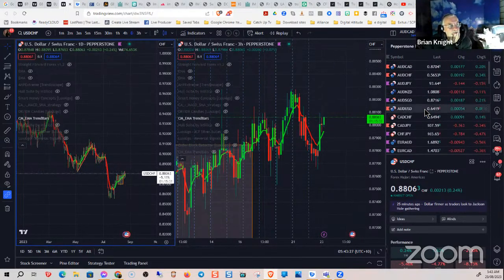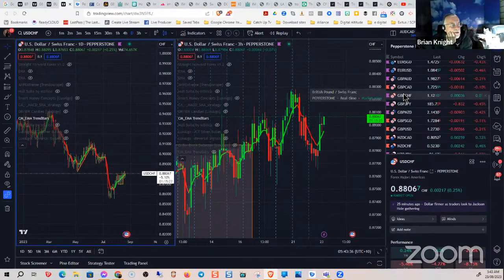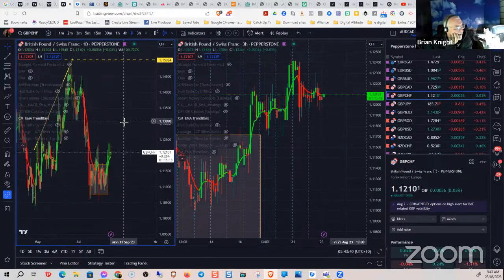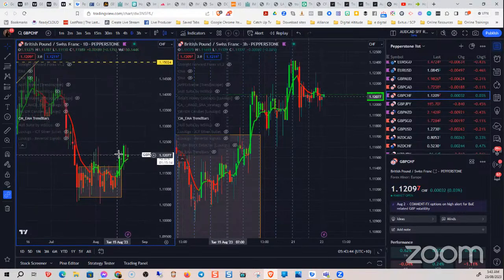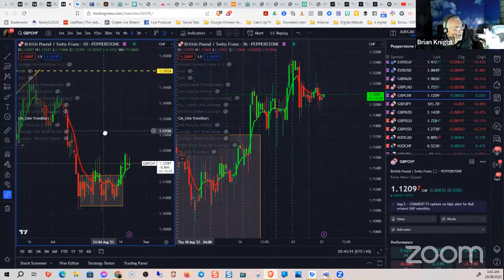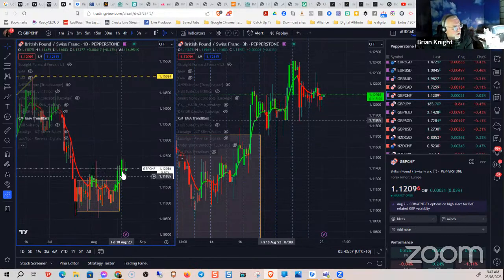Okay. I'll just go through some of that. That's USD CHF. The other one was the GBP CHF. You can see that on the daily it did pull back, but it didn't ever give me a little red part of the trend bar on the daily time frame.